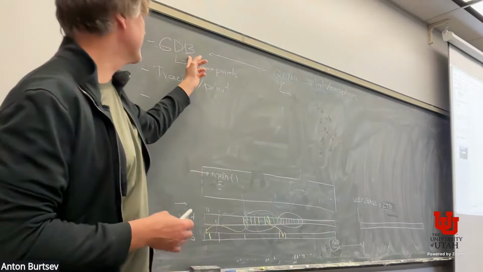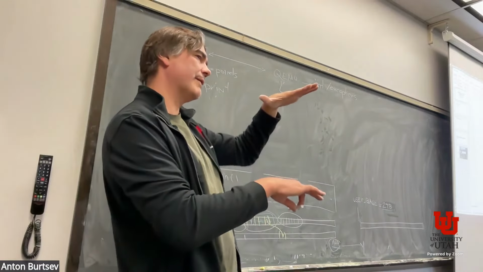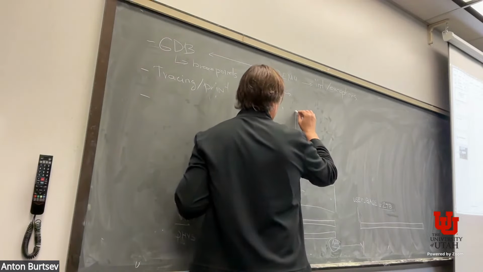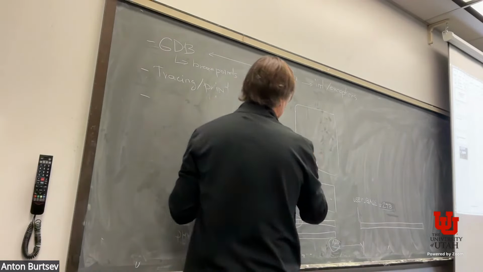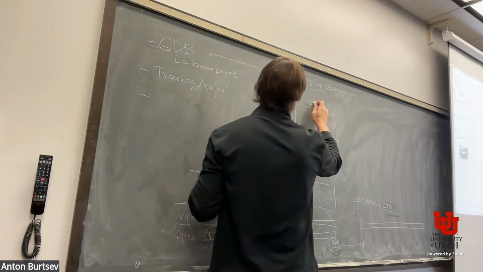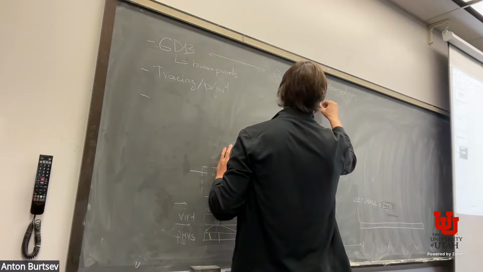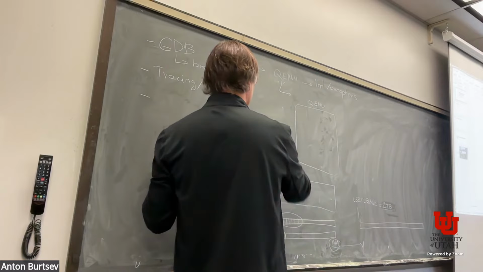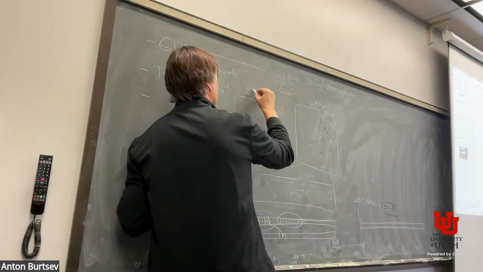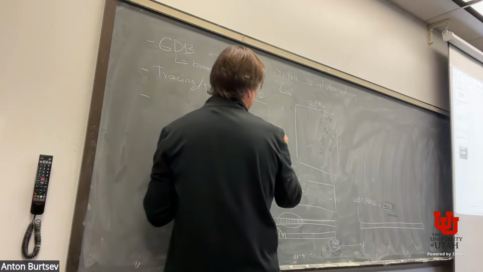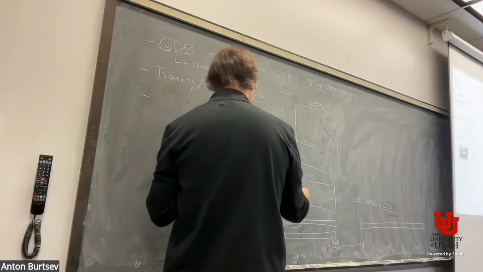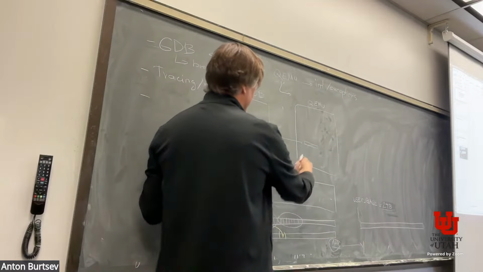And GDB doesn't know it because GDB is kind of one level above. The way GDB works is that if this is your emulated QEMU machine, then GDB runs as a process on the same system, right? And really, the GDB protocol goes through the kernel virtual machine, KVM, and whatever.